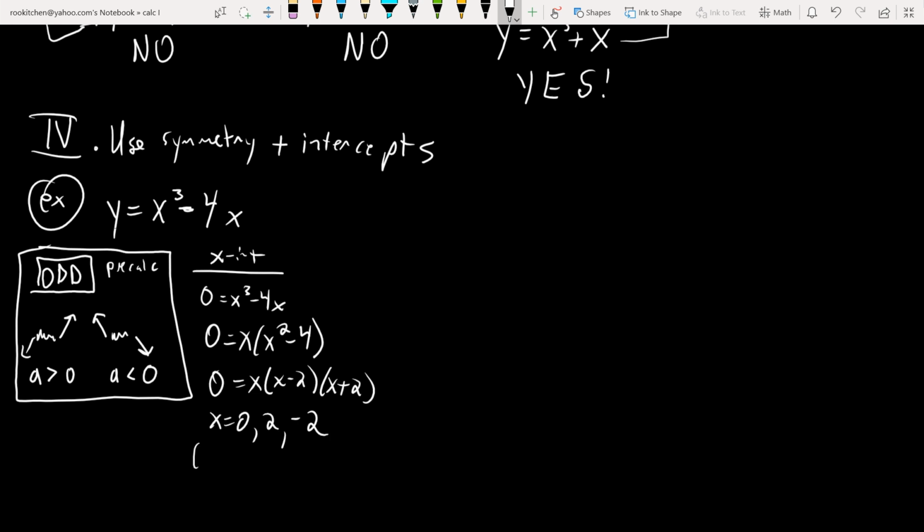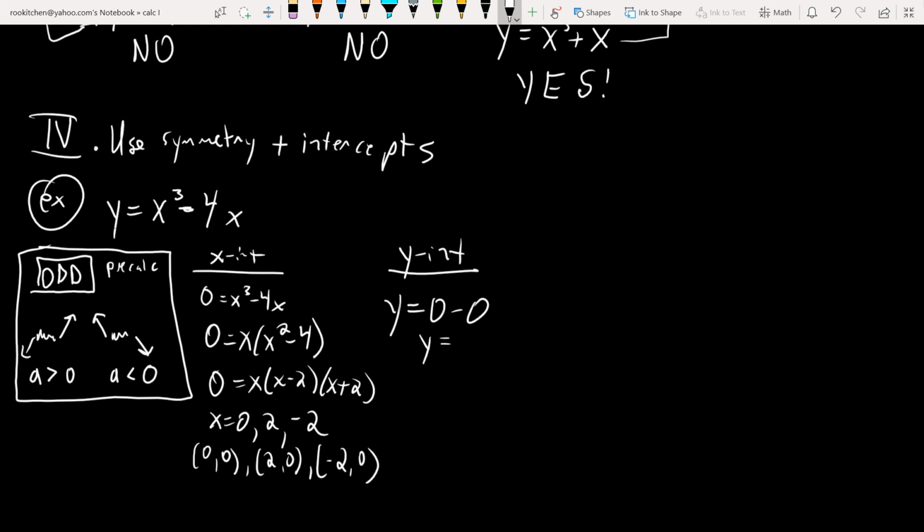So we get those 3 intercepts. We can get the y-intercept, right? For the y-intercept, you let x be 0. And then we could go and get the symmetry type.